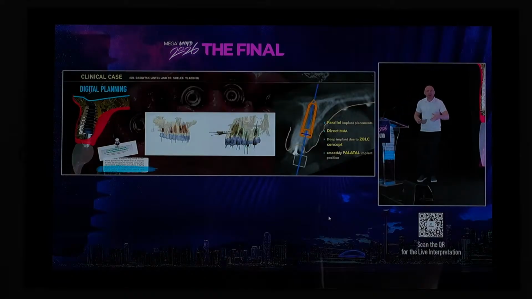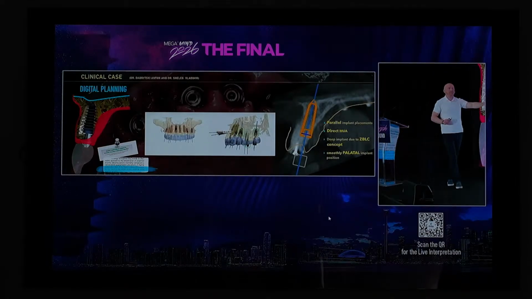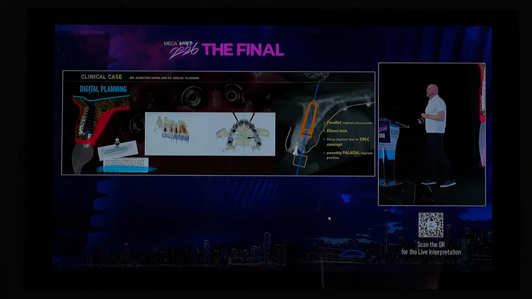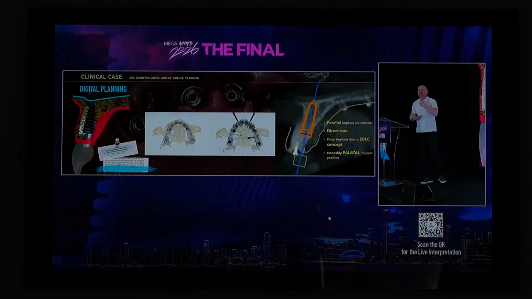And when we plan placing implants, they should be as parallel as possible, as symmetrical as possible, submerged due to the VLC concept, and aligned in one prosthetic plane. It is very important from the prosthodontic point of view.